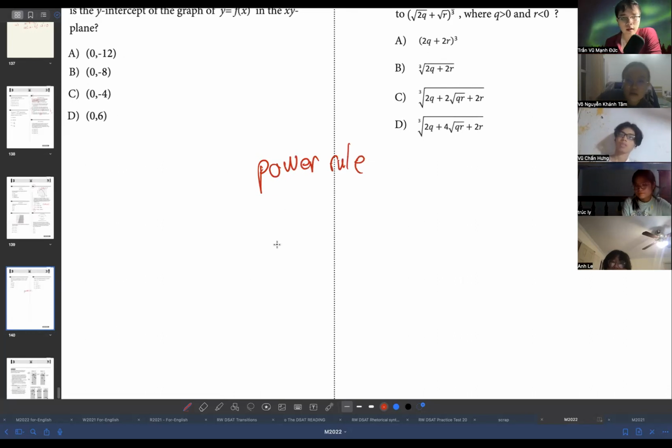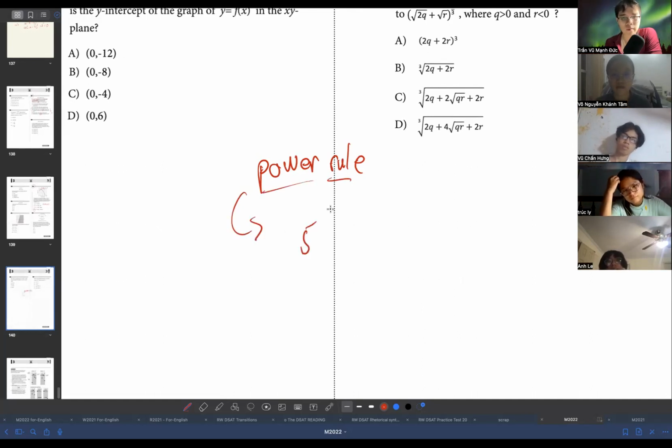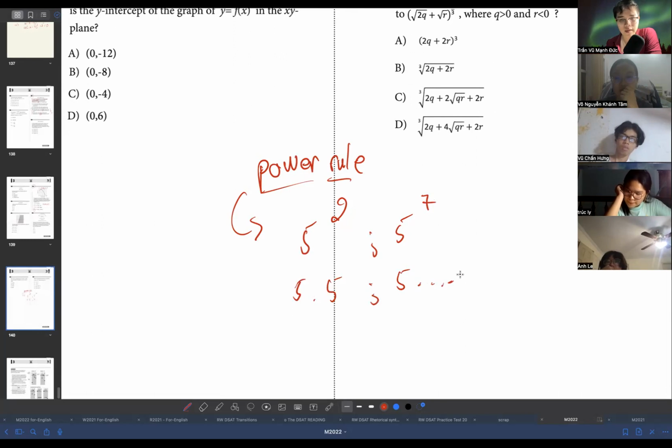For the power in an exponential equation, which is the power rule, you have 5 to the power of 2, 5 to the power of 7. This is the power notation. And this is an exponential equation because this will be 5 times 5, and this will be 7 fives, okay?